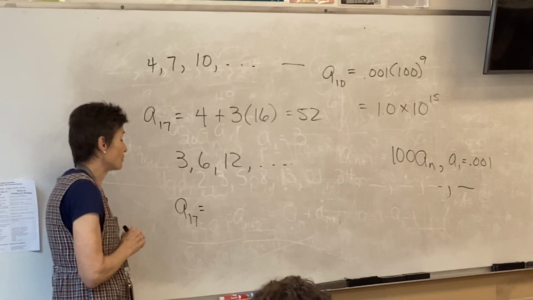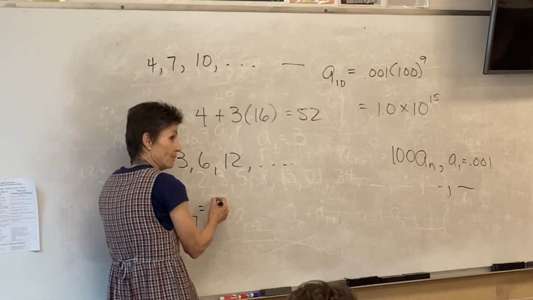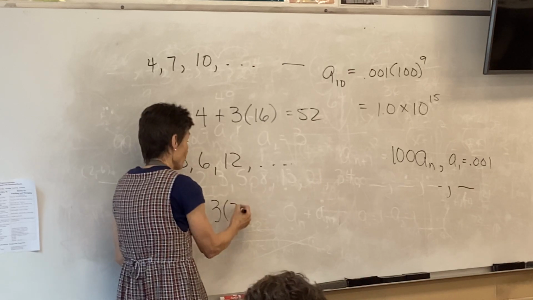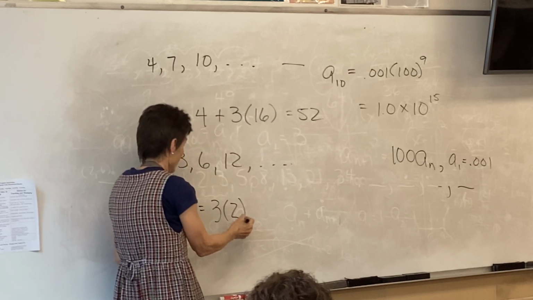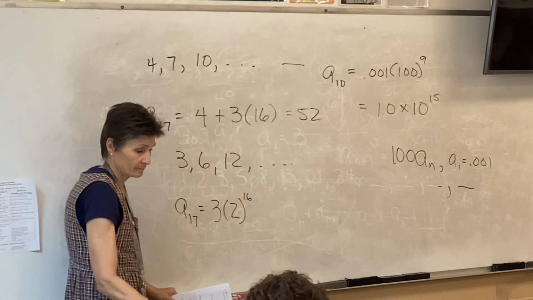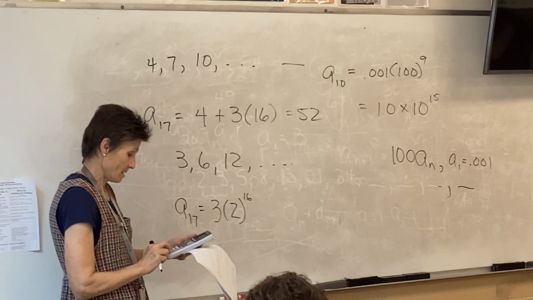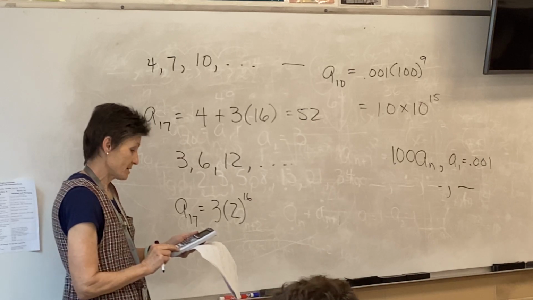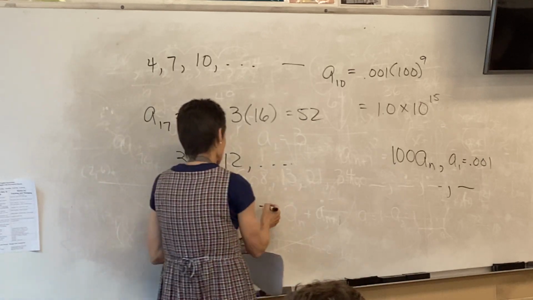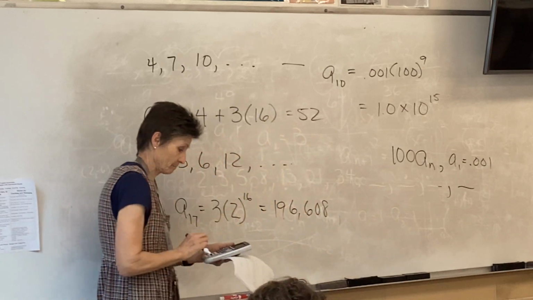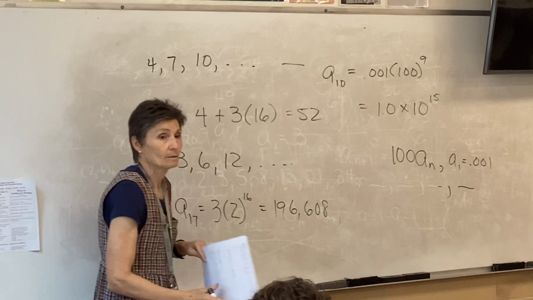So the 17th term is the first term times the ratio to the 16th. Oh my God. Even I'm not this mean. 196,608. Is that okay?